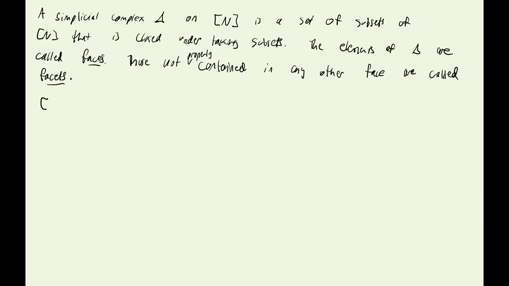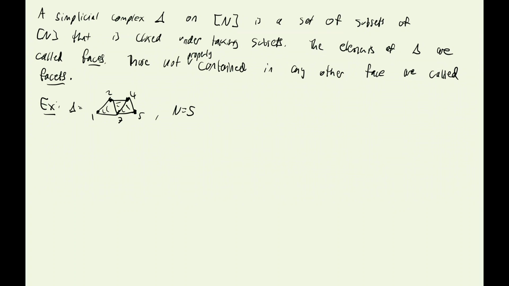So here's an example. Delta is going to be on 1, 2, 3, 4, 5. So in this case, capital N is 5.